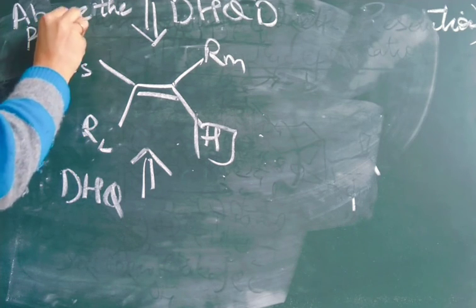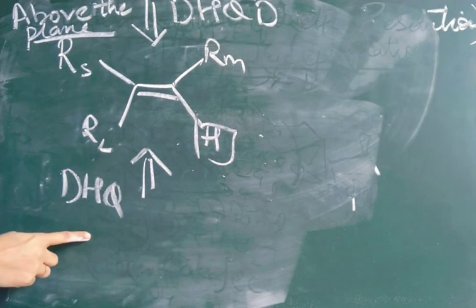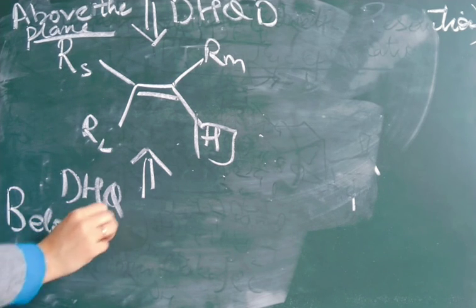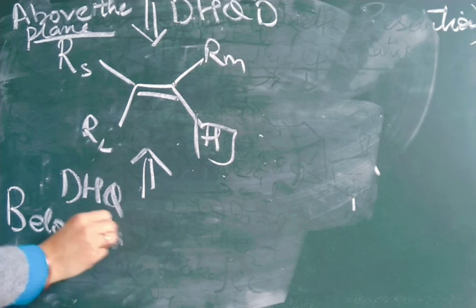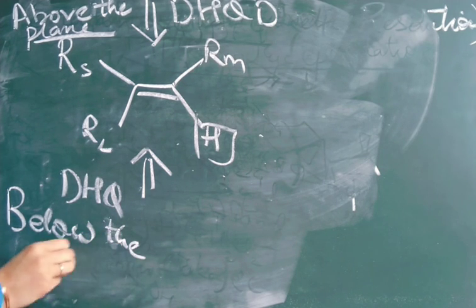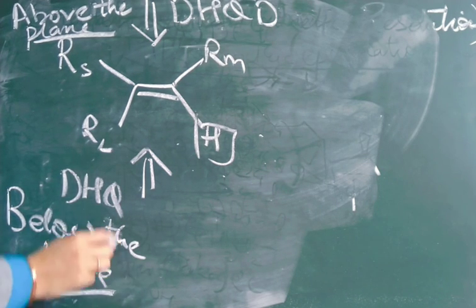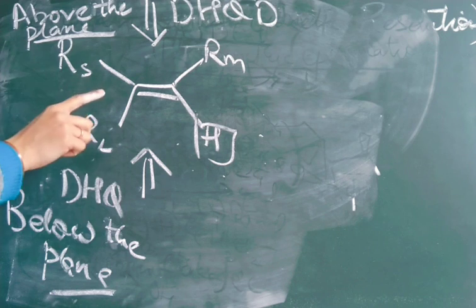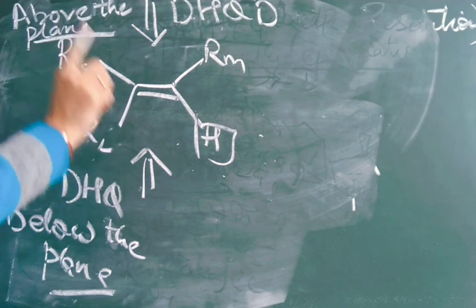Or we can say the top face. When I am using the dihydroquinine, they will be below the plane. That means I can say they will be on the bottom face.